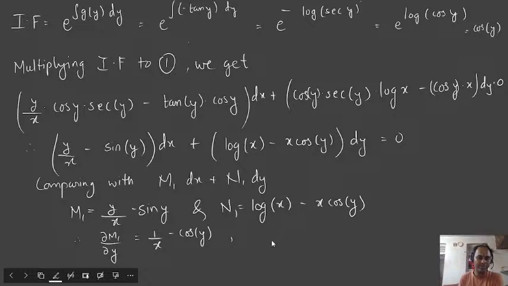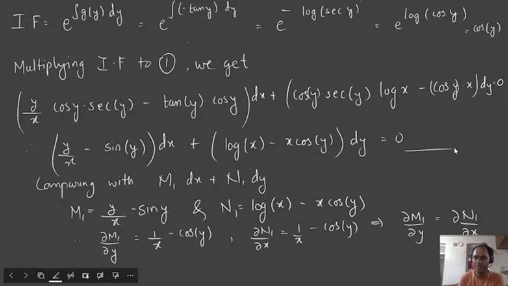Now what about this one? ∂N1/∂x is 1 over x, and the derivative of x cos y is cos y, which implies ∂M1/∂y is equal to ∂N1/∂x. Thus equation 2, hence we can say, is exact.